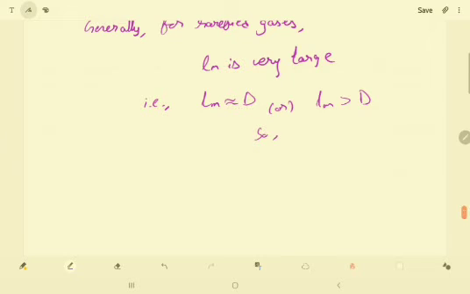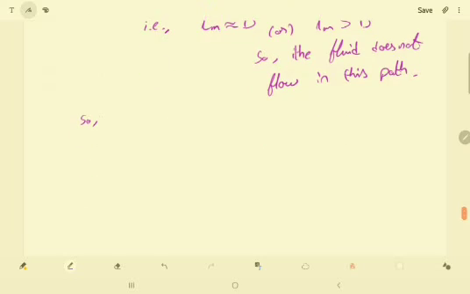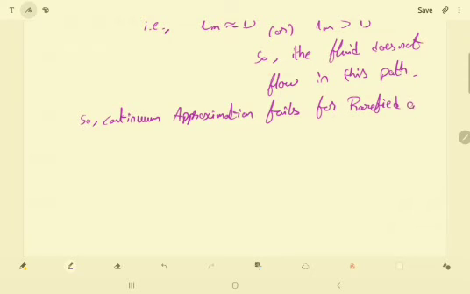So the fluid does not flow in this manner. So the continuum approximation fails for rarefied gases.